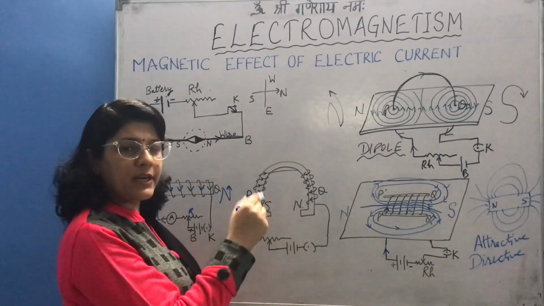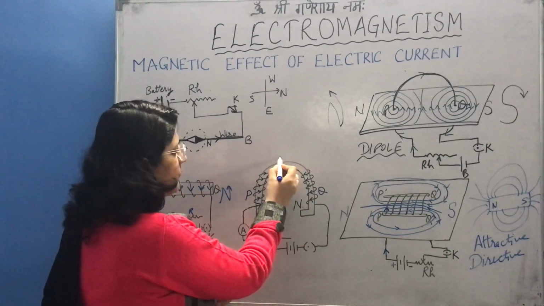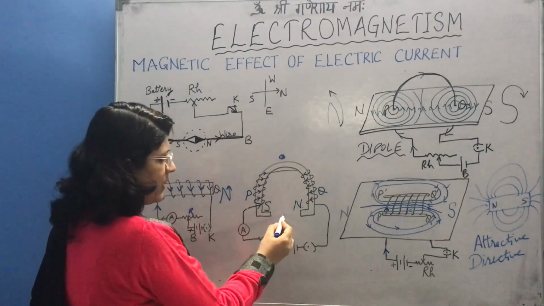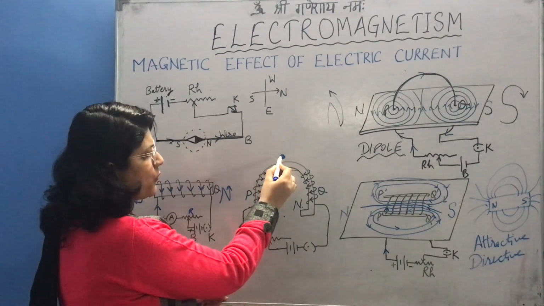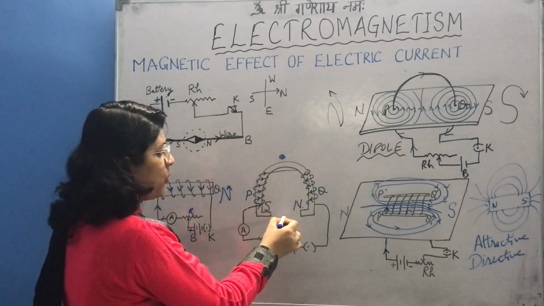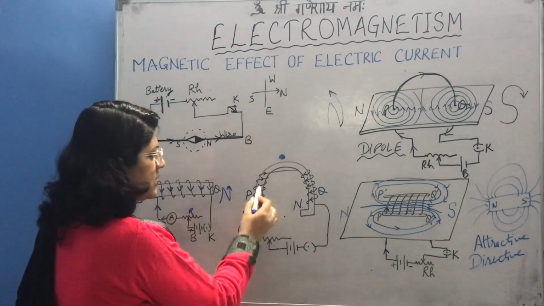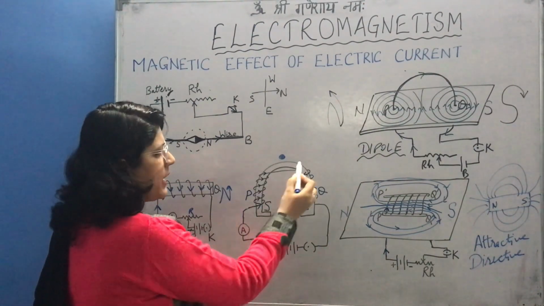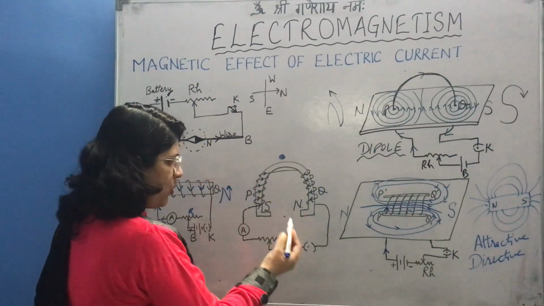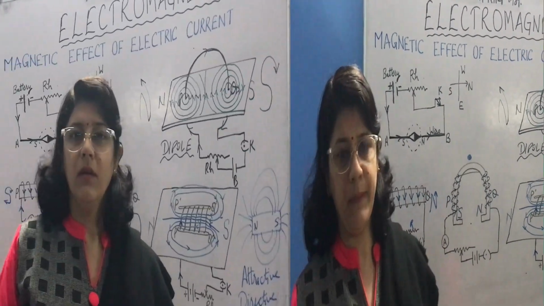And to know which side is behaving like a south or north pole, we have to view from the bottom side. In our case, this side will behave like a south pole and this side will behave like a north pole when we switch on the circuit by closing the key.